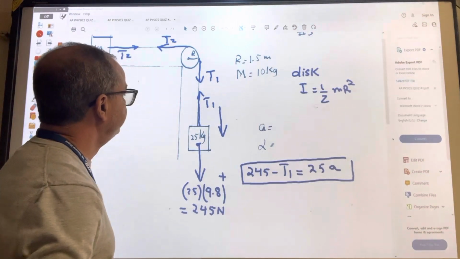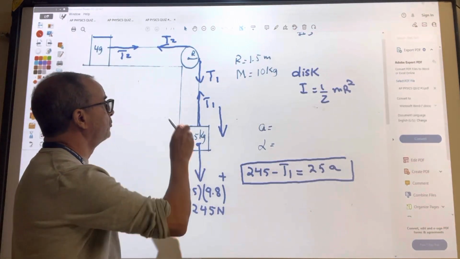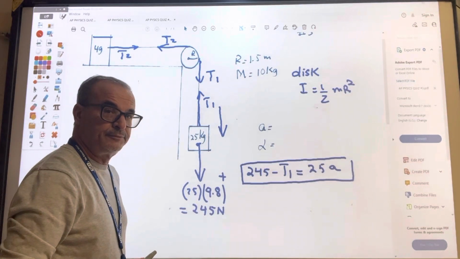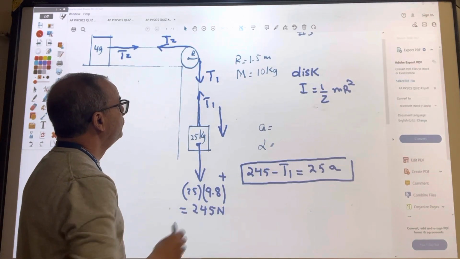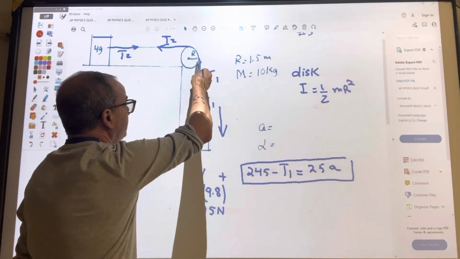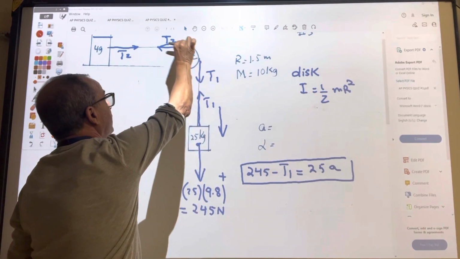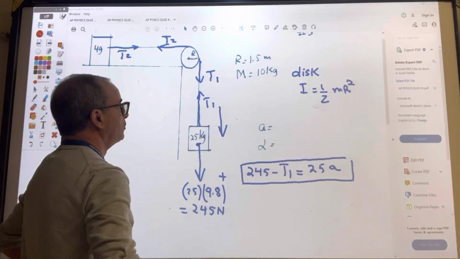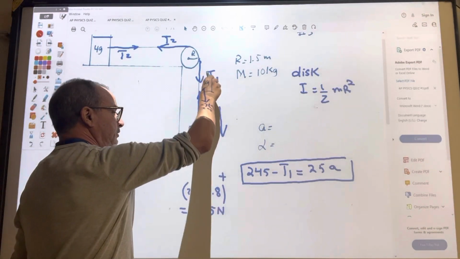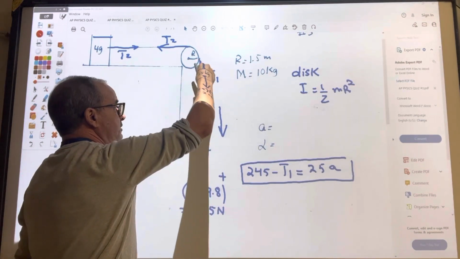What else? Now we're going to do the torques. How many torques do we have? Two. One goes with T1, that's a force, and the other is T2, another force from the other rope. Because going down is positive, this is going to go clockwise.